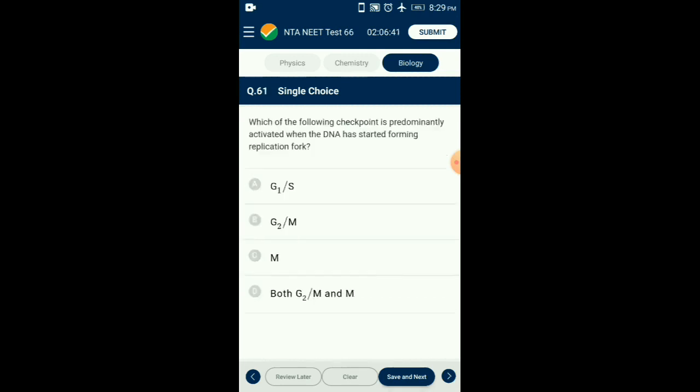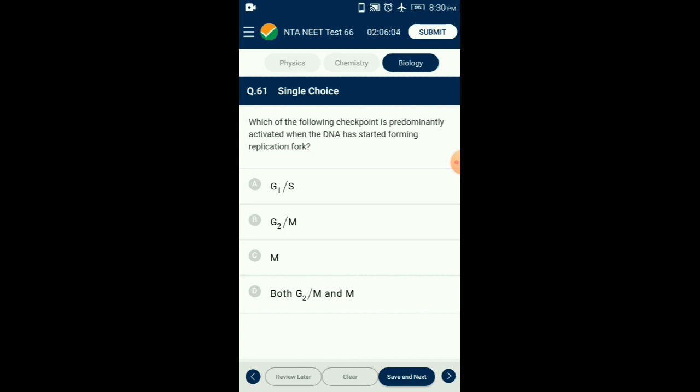Question number 61. Which of the following checkpoints is predominantly activated when the DNA has started forming a replication fork? There are 3 known checkpoints. The G1 checkpoint, also known as the restriction or start checkpoint or major checkpoint, the G2 or M checkpoint, and the metaphase checkpoint, also known as the spindle checkpoint.